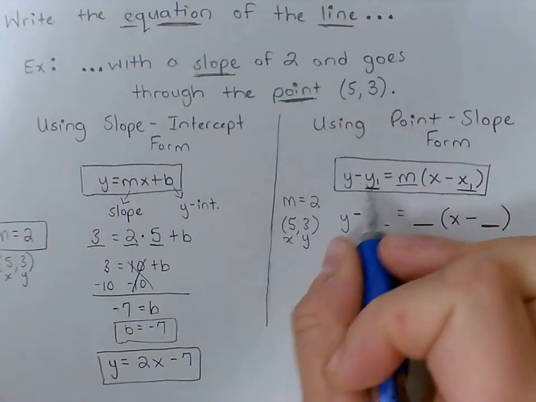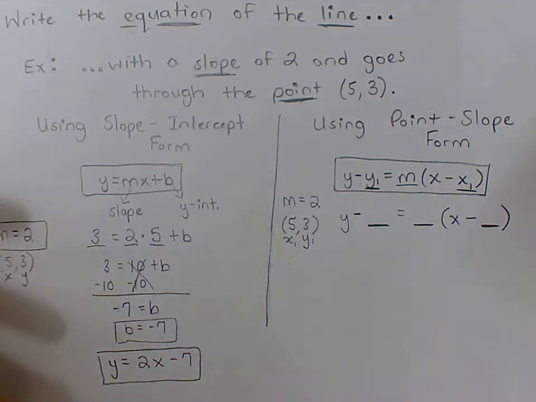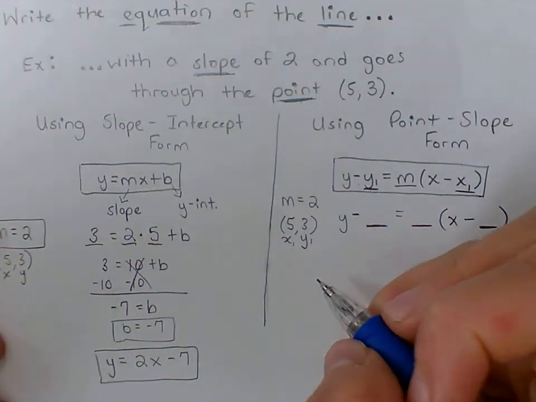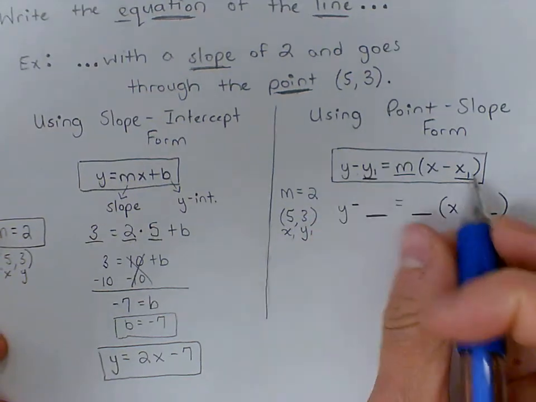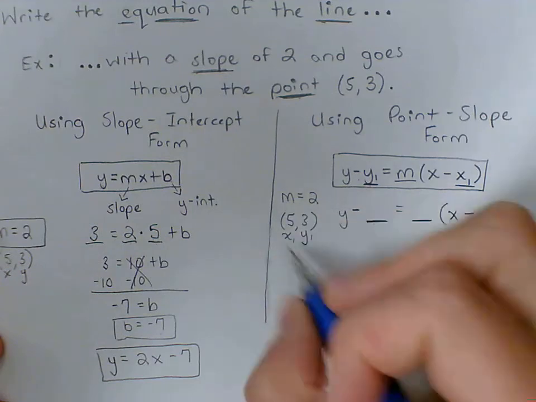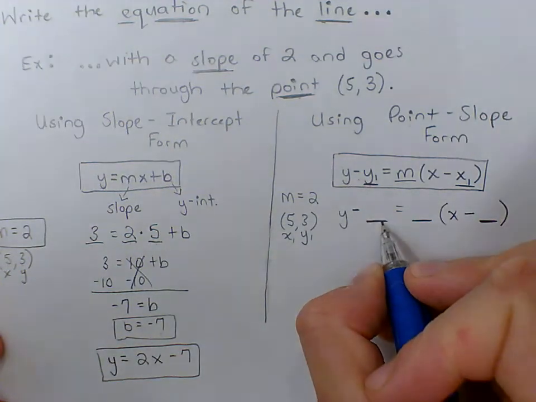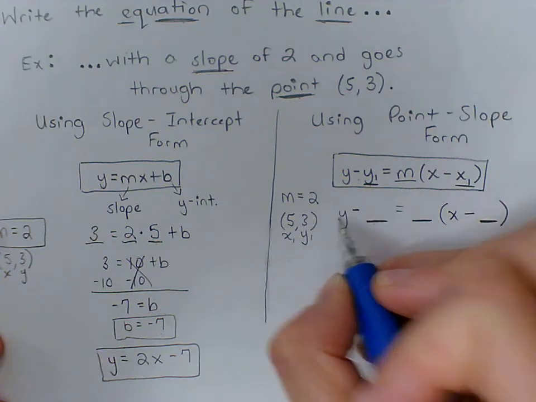And remember, in this problem you're plugging in for where you see the y1 and the x1. Okay, so you've got everything you need. Now you just need to put it where it goes. So I always think the y value goes with the y.